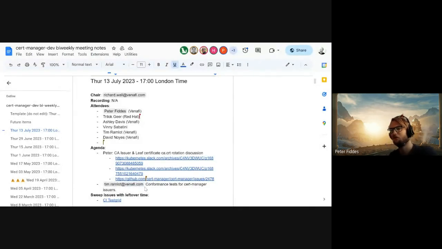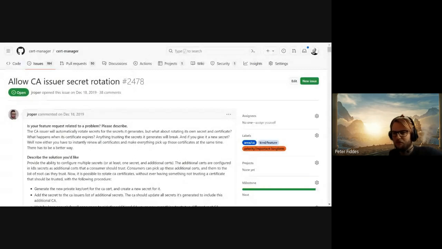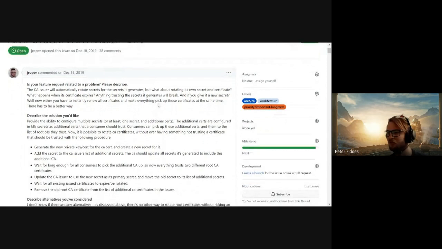So when someone uses cert-manager with CA issuers, eventually that CA rotates and there is a new CA certificate. The issue is that all the certs that are subsequently issued from that CA, the CA that they have is the old one and not the new one.